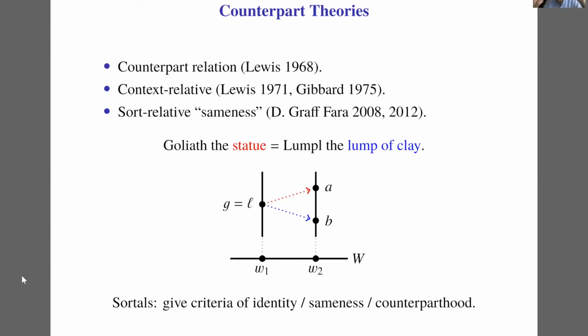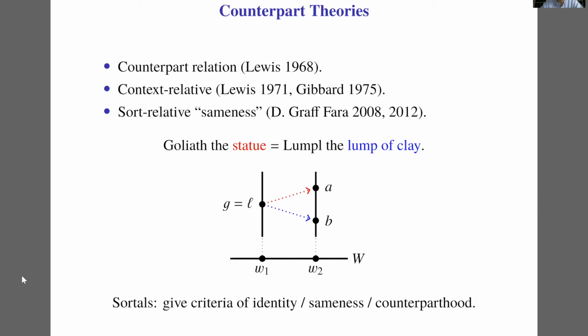Okay, fine. Whether you agree or not, whether I agree or not, that's a respectable philosophical claim. And then other philosophical logicians give a formalization of this idea using sortals as a tool to give criteria of identity and sameness or counterparthood across the different possible worlds.